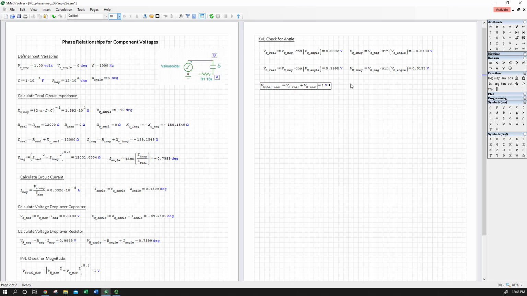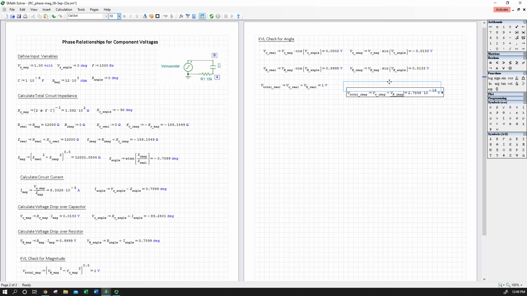Well, that's reassuring because I had a 0 phase angle on my source, so I better not have any imaginary. In fact, we've already got a good sign. These two are looking the same. They should cancel out. V total imaginary equals VC imaginary plus VR imaginary.